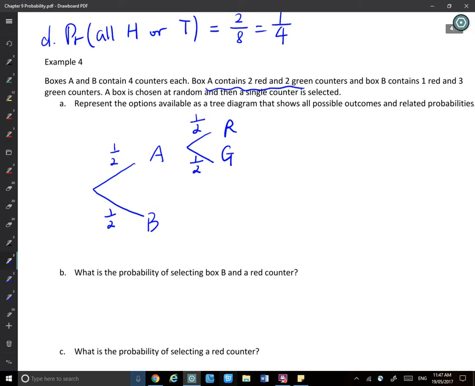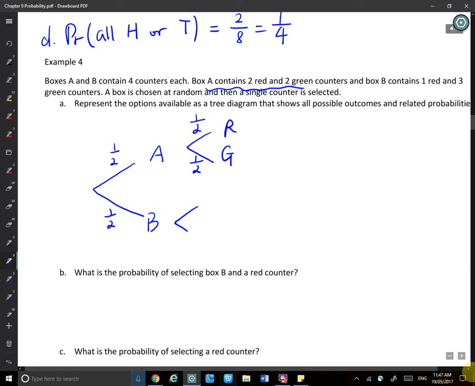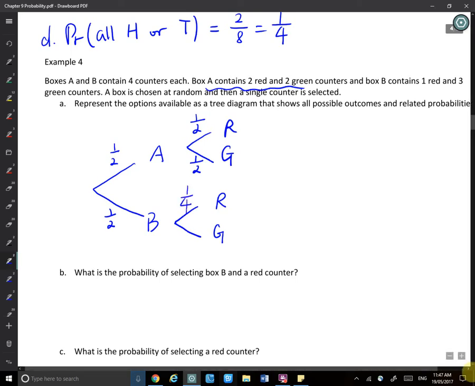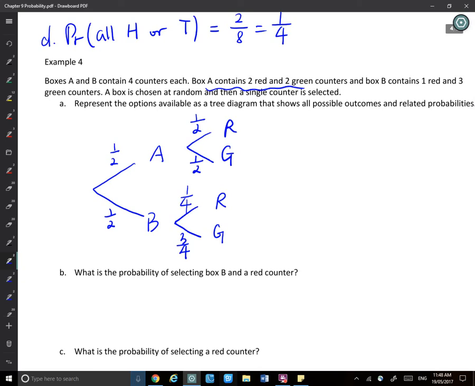For B, red or green. What's the probability of getting a red in B? A quarter, and then green will be 3/4. The probability on each branch will not be the same.